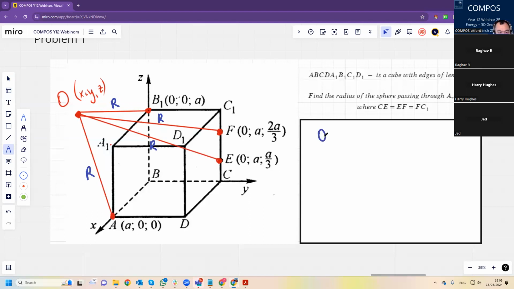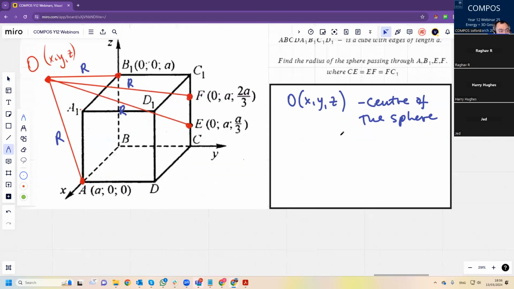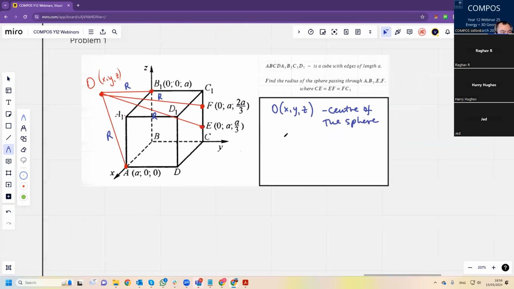So suppose O, with coordinates x, y, and z, is the center. That means OB1 is equal to OF, equal to OE, and equal to OA, which is equal to the radius of the sphere, which is what we are looking for.